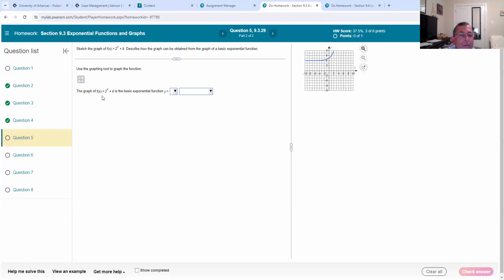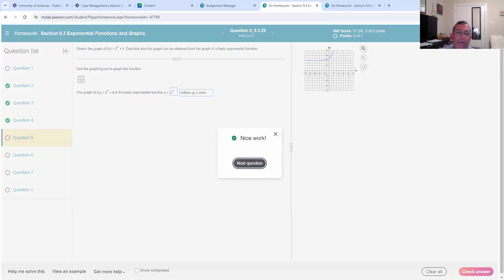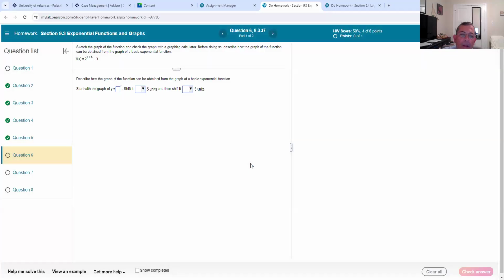And then it says the graph of f of x equals 2 to the x plus 4 is the basic exponential function y equals 2 to the x, and then shifted up 4 units. So it matches what we did to the graph, and we would check our answer. So it's not too bad. You just got to use that chart of the moves we got.